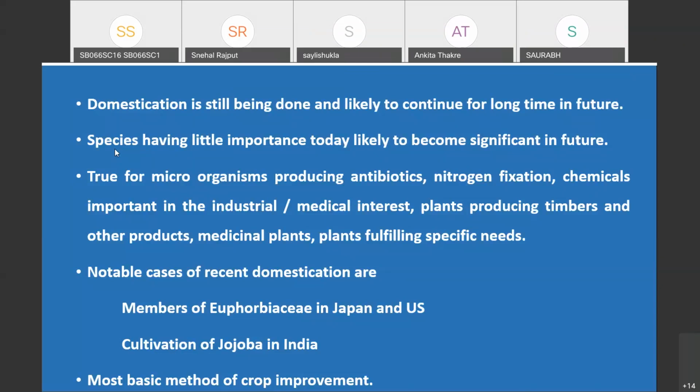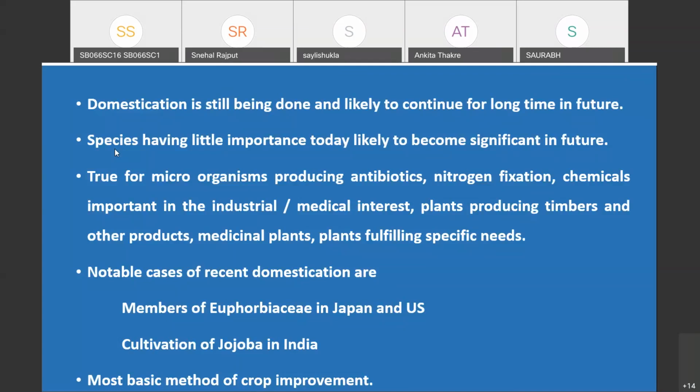Then the Department of Science and Technology in India carried out a large scale project on the cultivation of jojoba in the arid zones of India, in Rajasthan, Maharashtra, Uttar Pradesh, and Gujarat. From the seeds of the jojoba, oil is extracted, and that oil is believed to be important as an industrial lubricant.